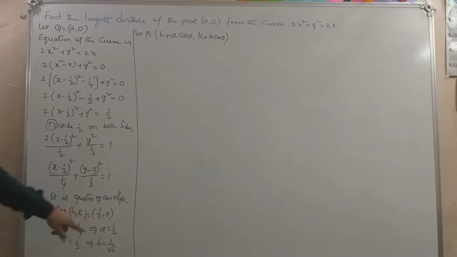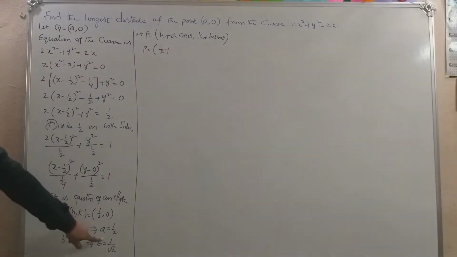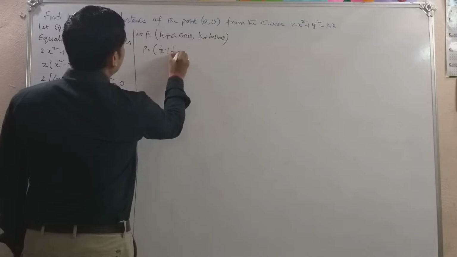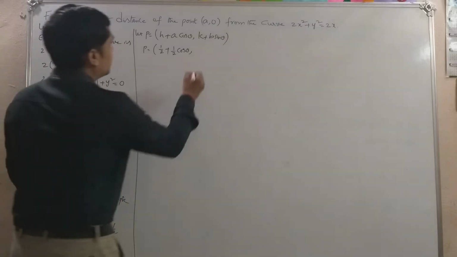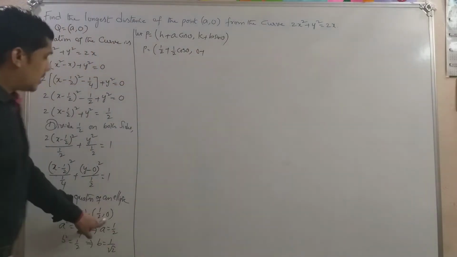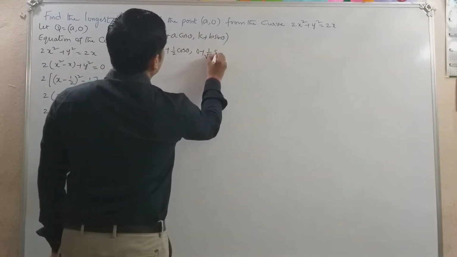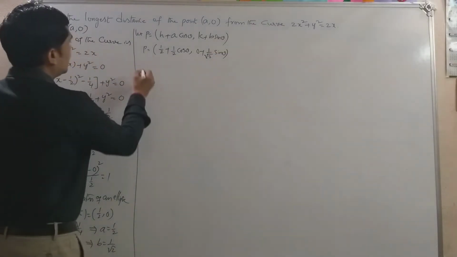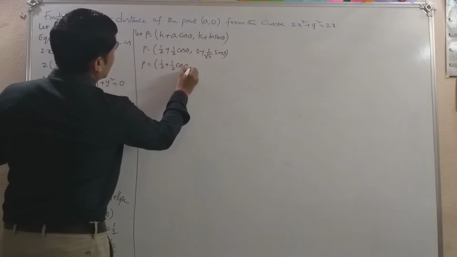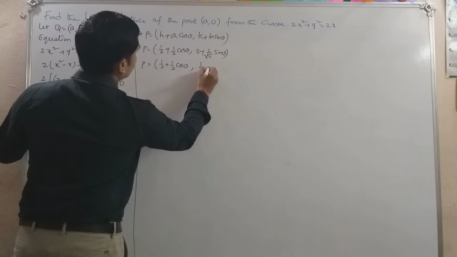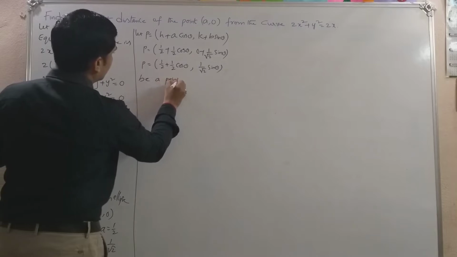The h value is 1/2, a is also 1/2, so it is 1/2 cos θ. The k value is 0, so 0 plus b, which is 1/√2, times sin θ. Now finally P became (1/2 + 1/2 cos θ, 1/√2 sin θ), a point on the ellipse.